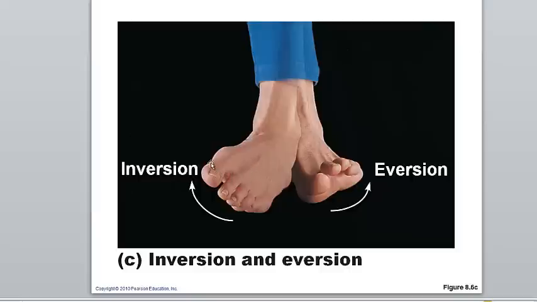Inversion is when you move your foot towards the midline. So the lateral part is facing the floor and your big toe is facing upwards. That'll be inversion. Eversion is when your big toe area, the medial part of your foot, is facing the floor and the lateral part is facing upwards. Eversion. So this is also found in your foot.